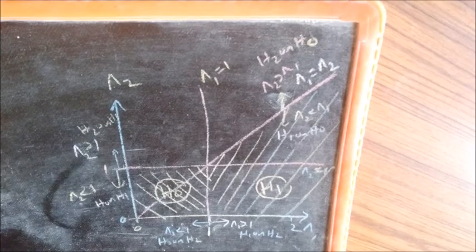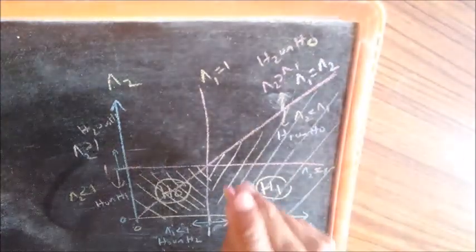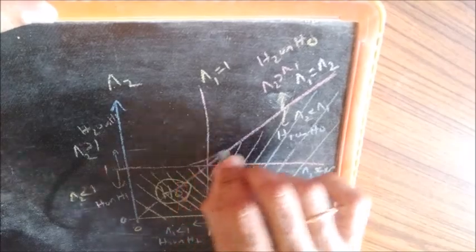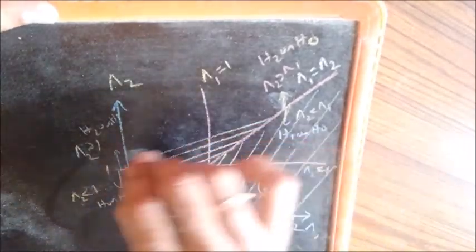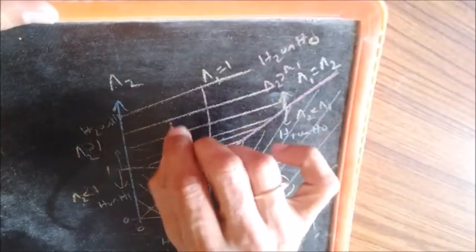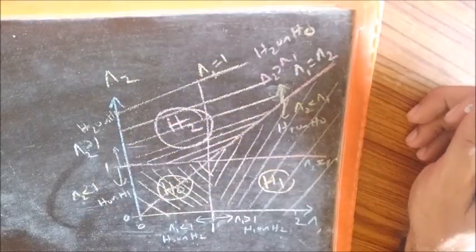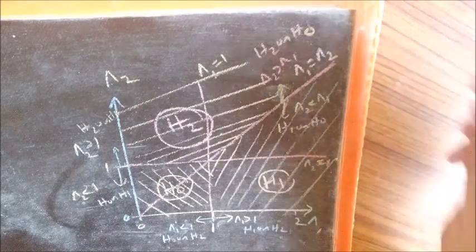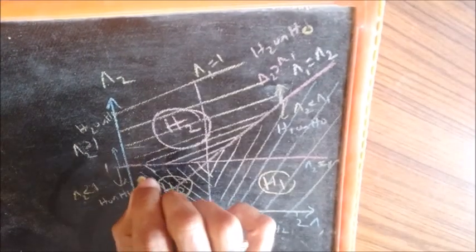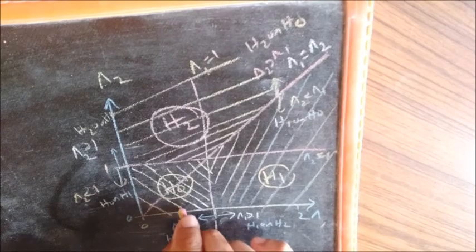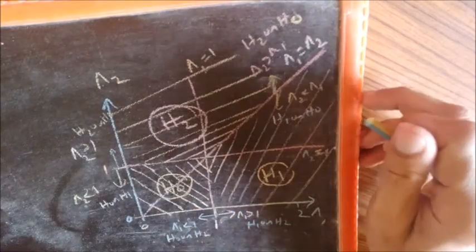And then, of course, you can verify, or through simple logical deduction, you can say that this region has to be for hypothesis H2. So this is how we can depict pictorially the decision rule, which was derived just now.